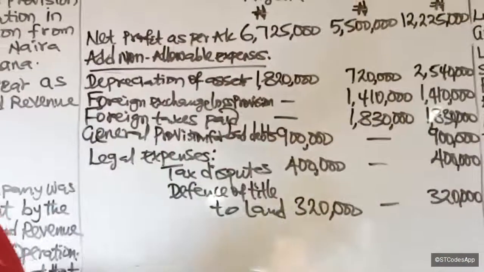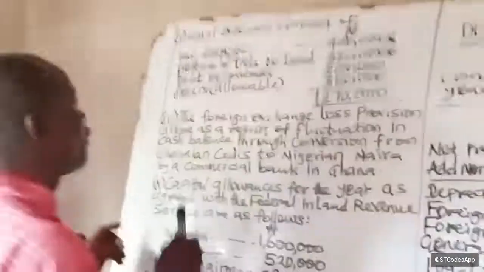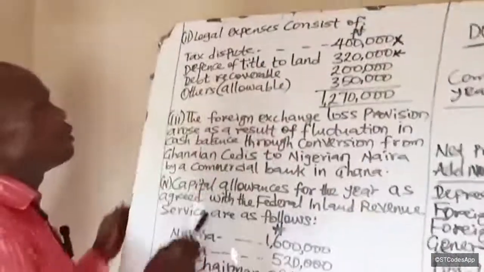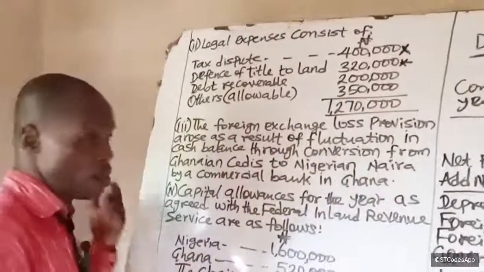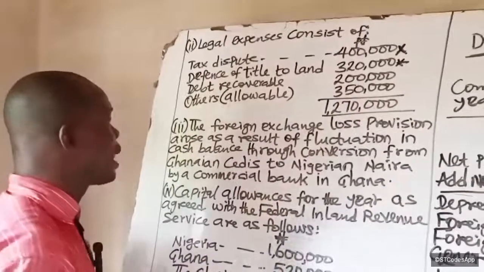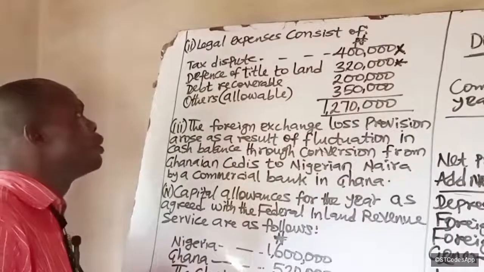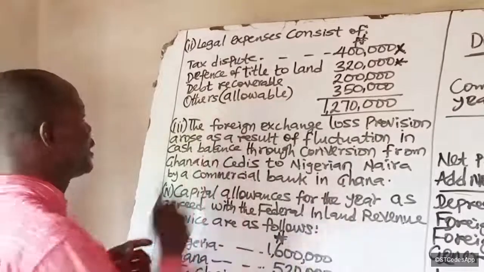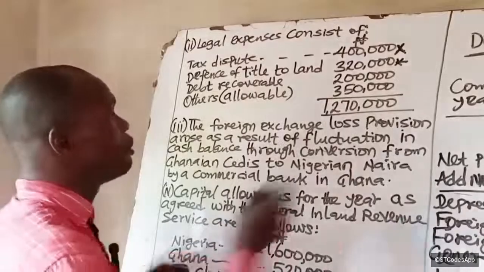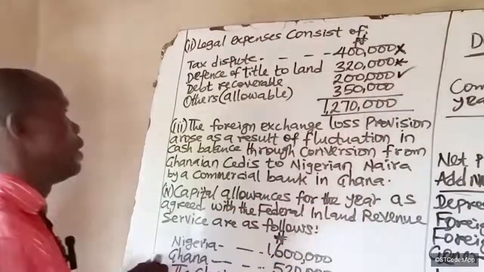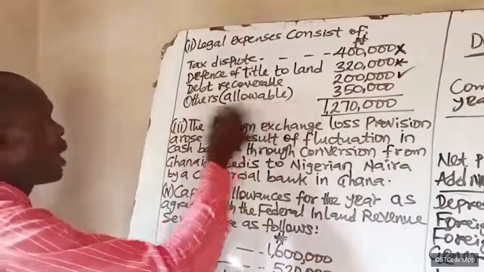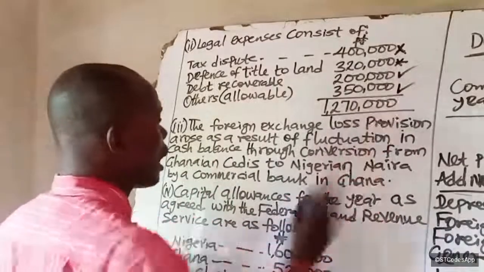Back to the question. We have debt recoverable. This is reasonably incurred. It is normal for the business to engage the service of a legal luminary to collect their debts. So it is reasonable, so it's allowable. Others, I have told you these others are all allowable.